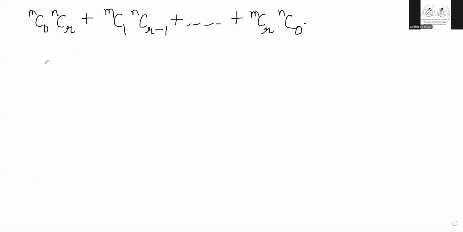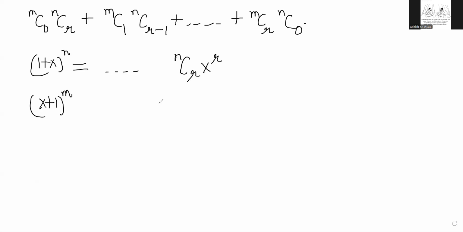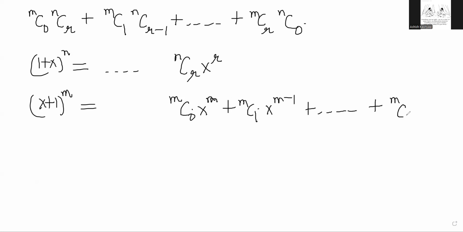So another way to do it would be to do (1 plus x) power n and (x plus 1) power m. So this would give us a term like nCr x power r, and this would give us a term like mC0 x power m plus mC1 x power m minus 1 and so on till mCm x power 0.